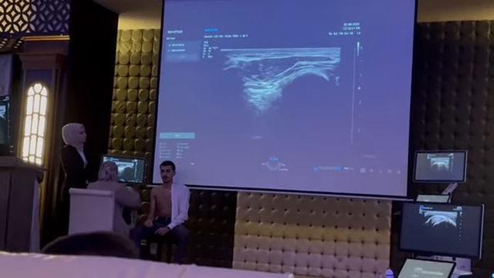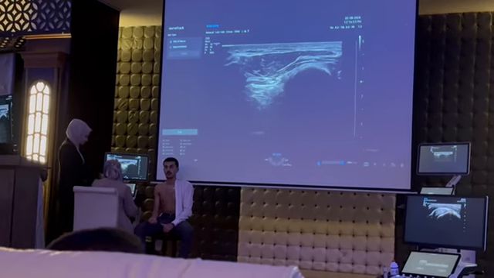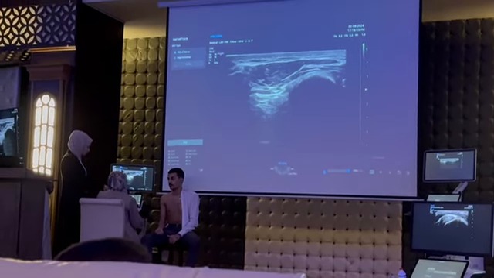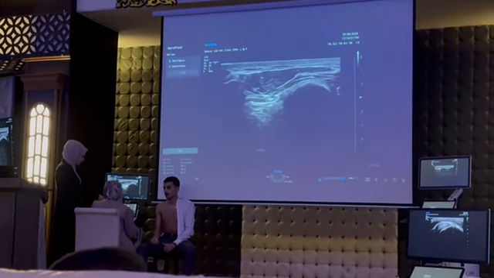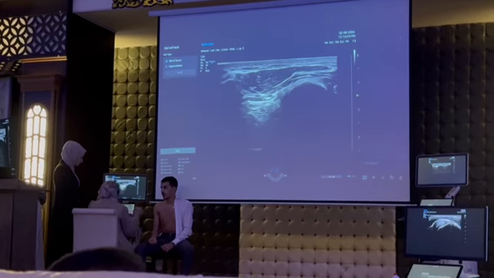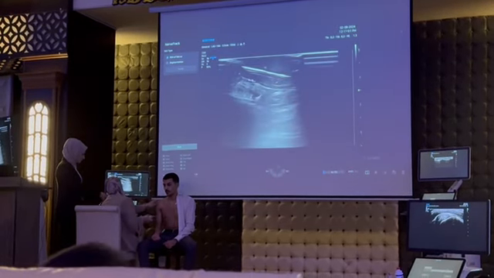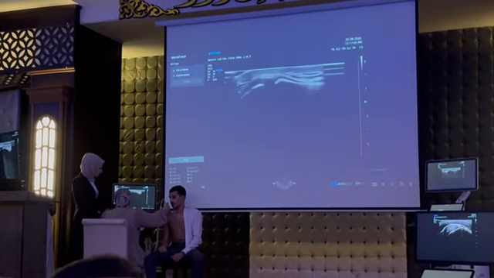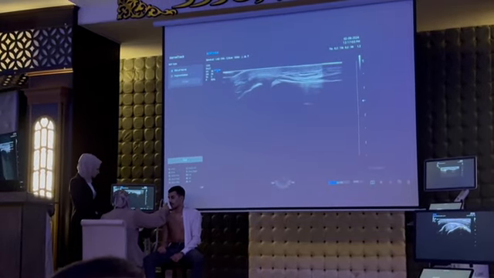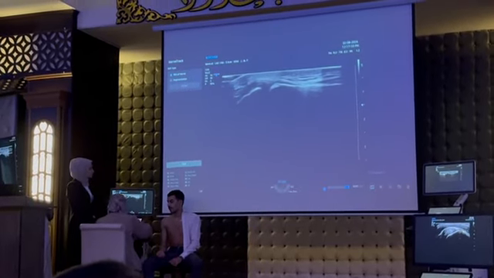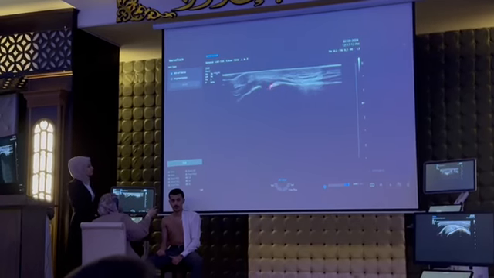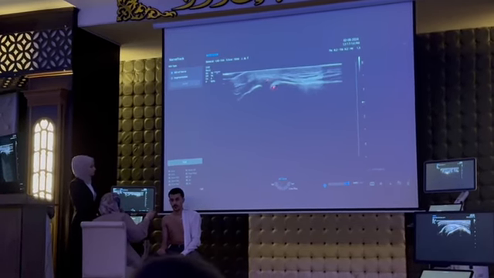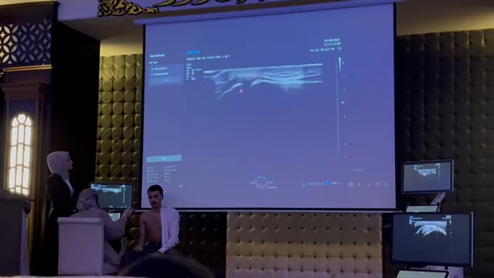Coracoacromial ligament. Another part that should be examined in the anterior compartment, in order not to forget it, is the acromioclavicular joint or ligament. I just palpate the clavicle on the acromion and put my probe on it. You see this one. This is the clavicle, this is the acromion. This is the acromioclavicular joint.